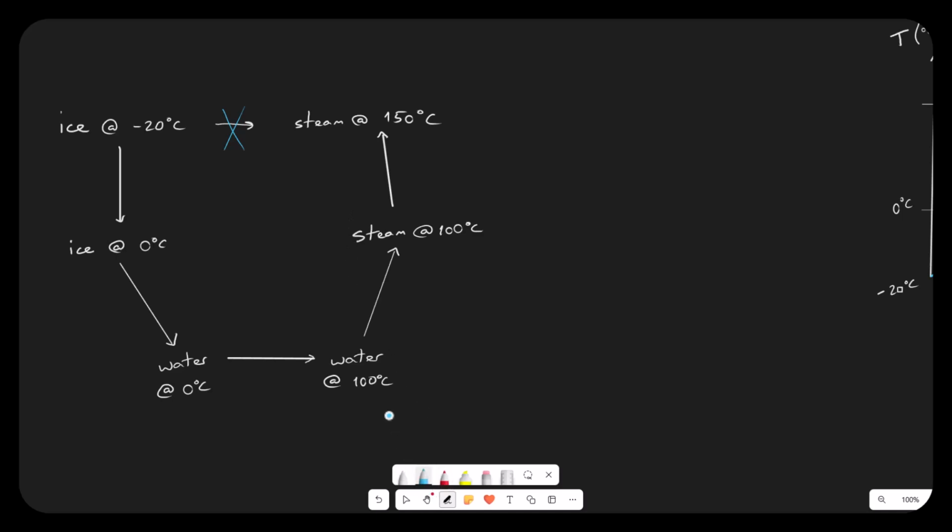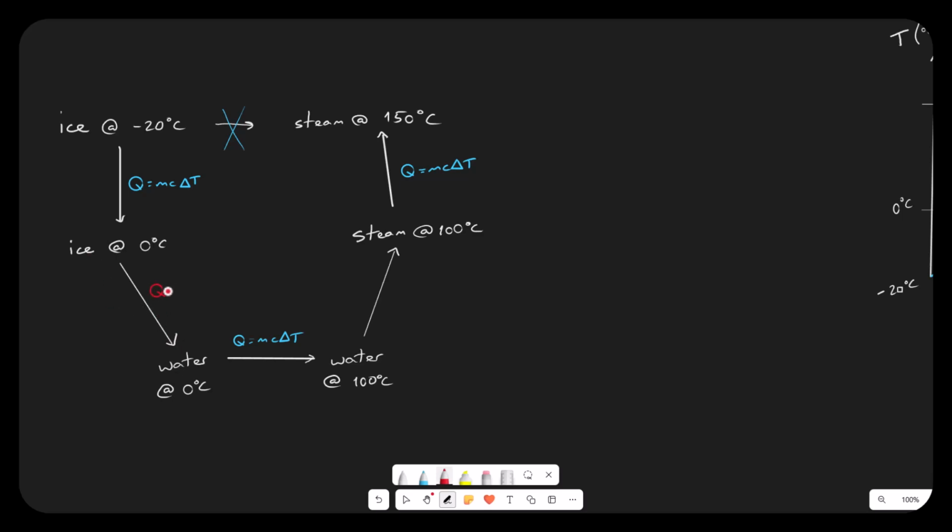But none of them are awful. This one is a temperature change, so this one's going to be a Q equals mc delta T. This one's a temperature change. That's a Q equals mc delta T. And this one's a temperature change. Q equals mc delta T. This one is melting.